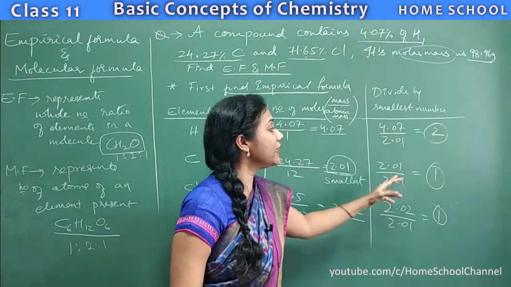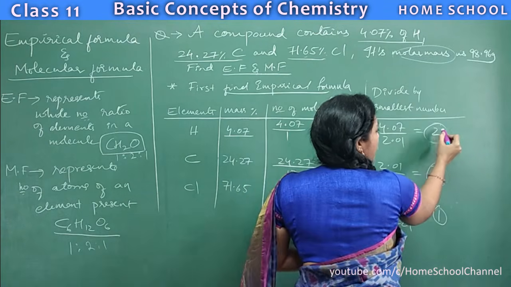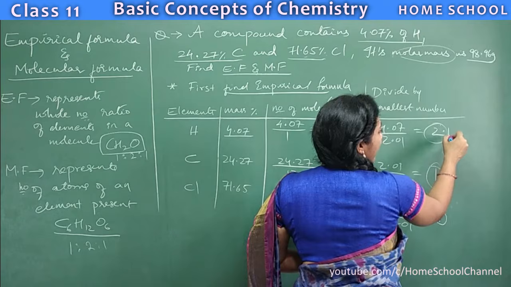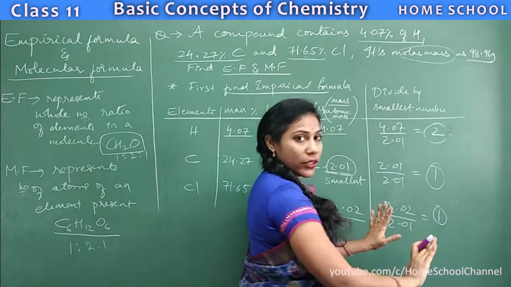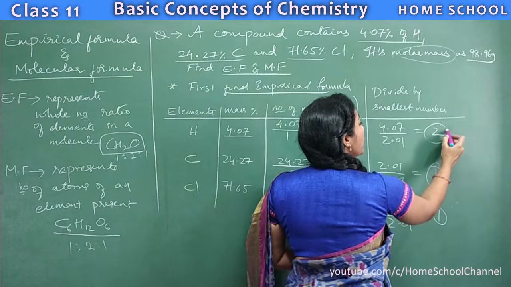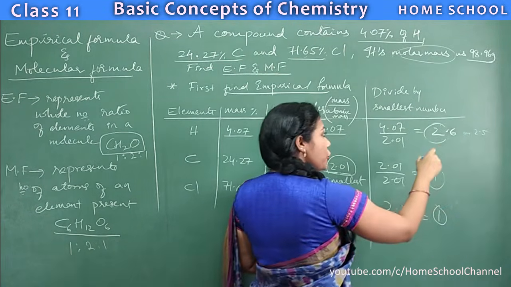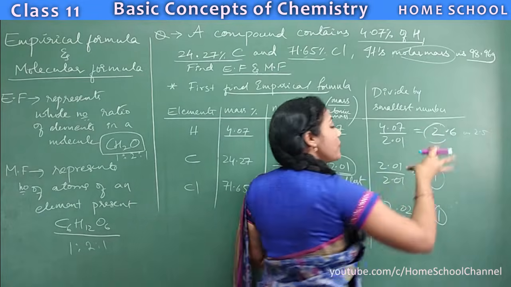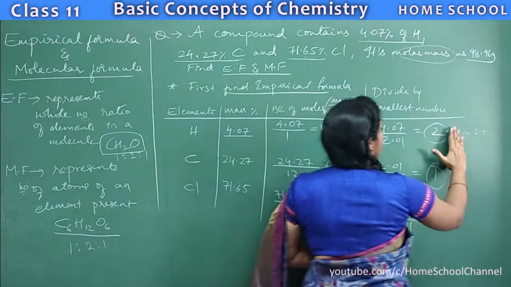In case you are not getting a whole number, say you get 2.1 or 2.2, you can consider it as 2 only, right? But if you get 2.6 or 2.5, then you should multiply with a suitable number. I will tell you that with one example.